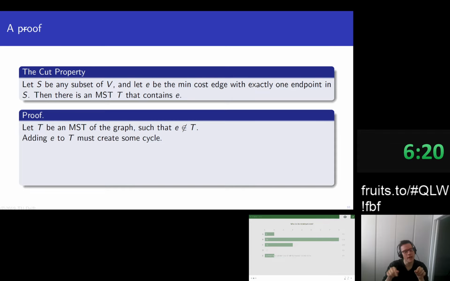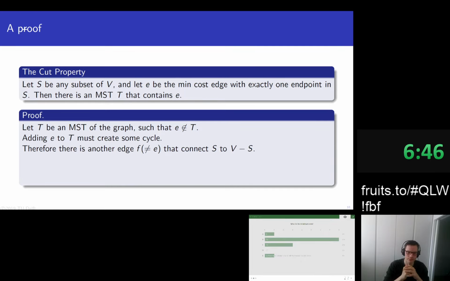Well then, when I add E to it, I must create a cycle. Why is that? Well, a minimum spanning tree is a tree, and as soon as I add one more edge in there, I must have created some cycle, because at first I had n-1 edges, and now adding one more gives me a cycle, right?